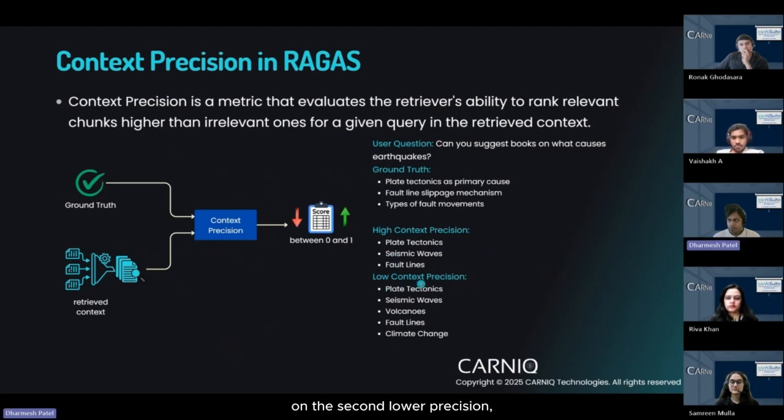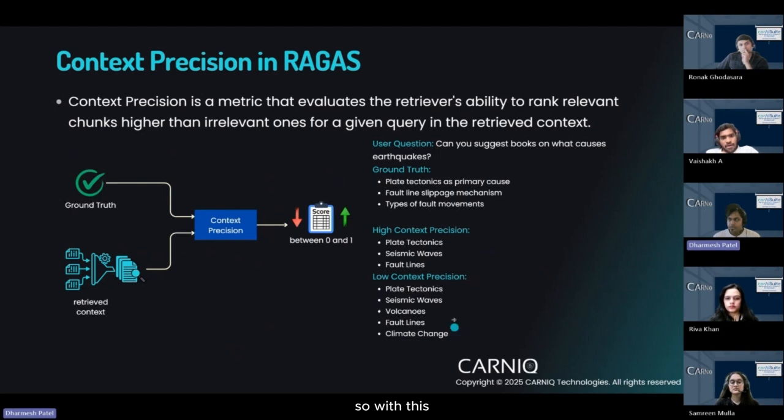On the second, lower precision, suppose it retrieved 5 chunks and the first two are relevant, but the third chunk was not so relevant to your question or to your reference or ground truth. Then the fourth is correct, and again the fifth was not correct.